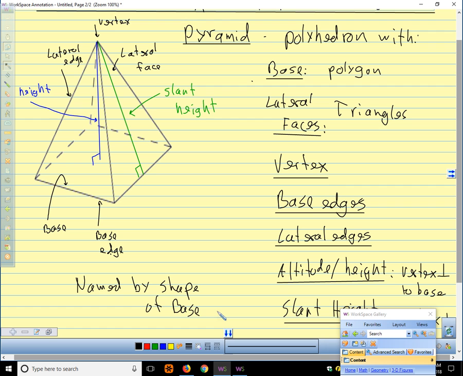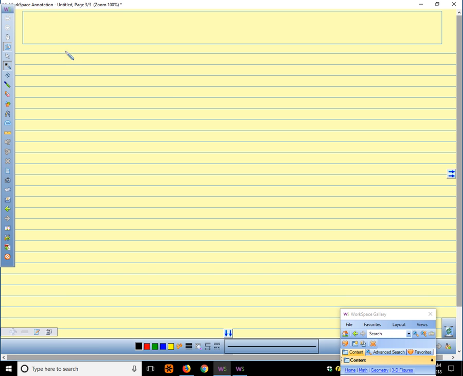All right, a couple more pieces here. A regular pyramid. Regular pyramid just means the base is a regular polygon.